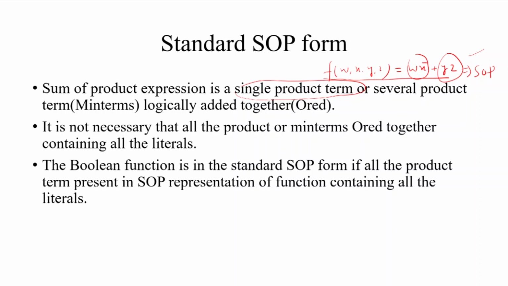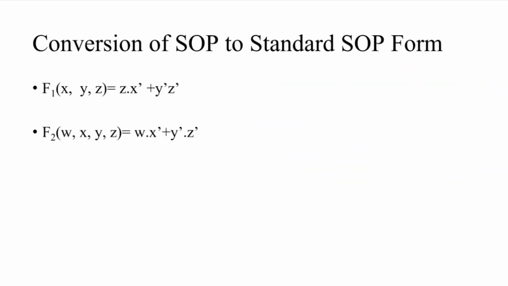Now if the function is in general SOP form, how do we convert it into standard SOP form? Here, conversion of SOP to standard SOP form. This function f1 contains 3 variables, and these two product terms are connected through an OR gate, meaning min terms are added together, so the function is in SOP format.